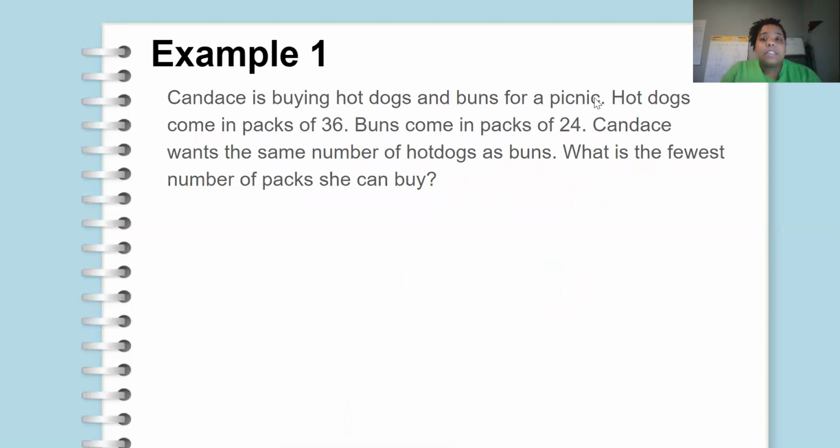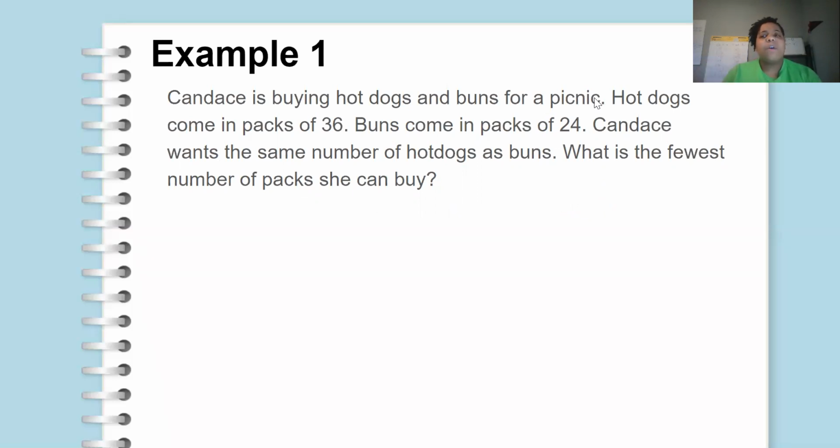It says Candace is buying hot dogs and buns for a picnic. Hot dogs come in packs of 36, buns come in packs of 24. Candace wants the same number of hot dogs as buns. What is the fewest number of packs she can buy? 24 and 36, they seem pretty large.